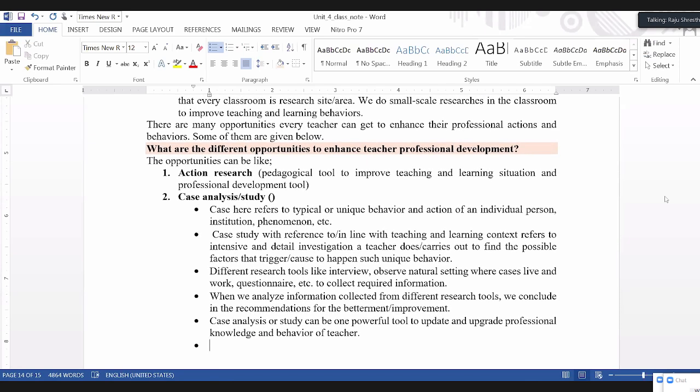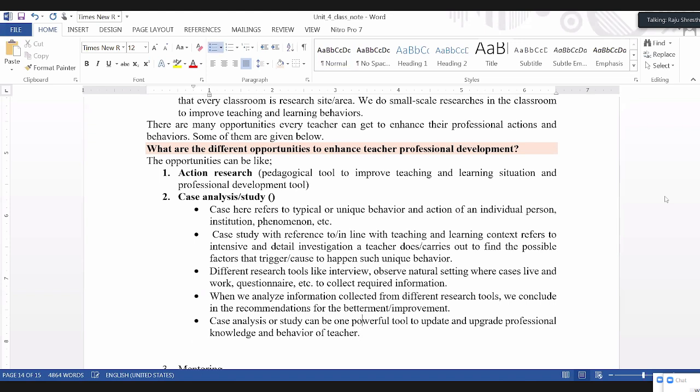When a teacher conducts a case study research, they develop a broader understanding, new skills, knowledge, new ideas, new information about the target group cases. They will develop self-awareness. This is the way of professional development.